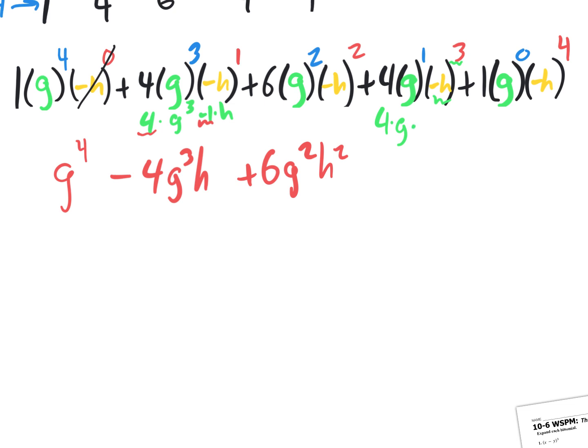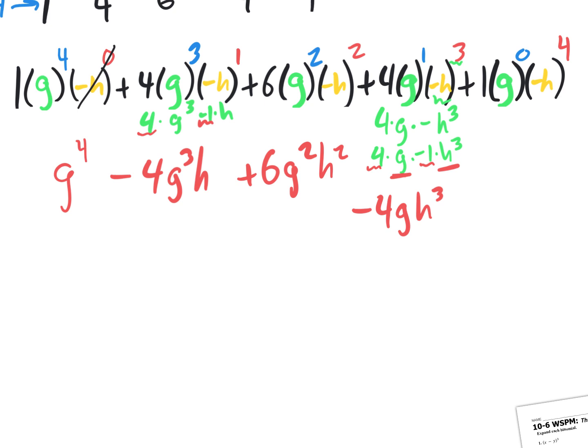So you're going to put times a negative h to the third. But negative h to the third is really like saying negative 1 times h to the third. So what we really have is 4 times g times negative 1 times h to the third. And we write our numbers together. 4 times negative 1, that'll give us a negative 4. And then the g times h to the third, gh to the third.